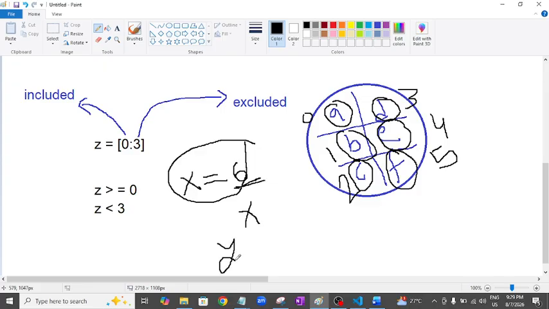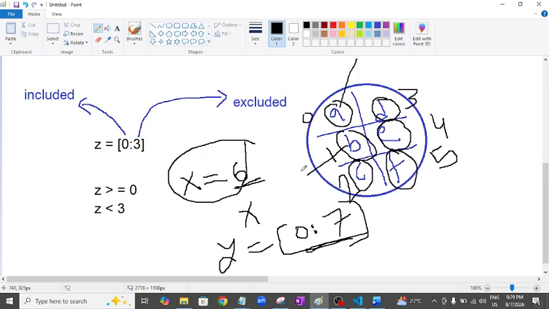But if someone said all those who are sitting from 0 till 6, or 0 till 7, can you come? So immediately it is going to give a range. This person sitting on 0 is included.